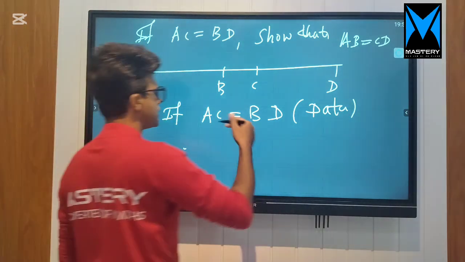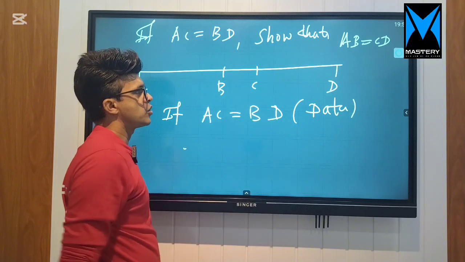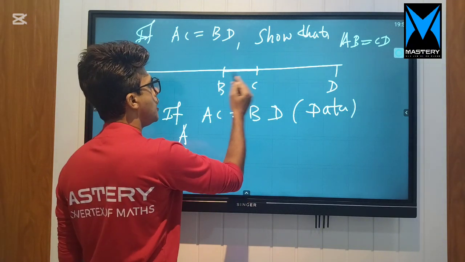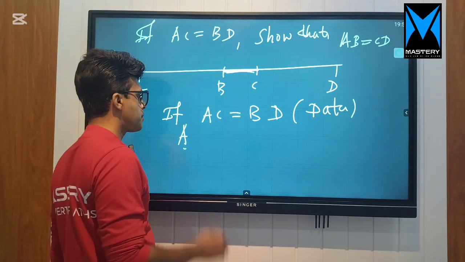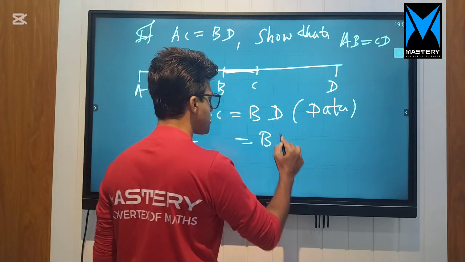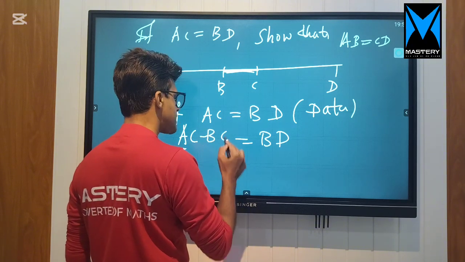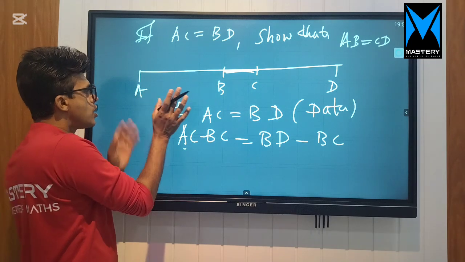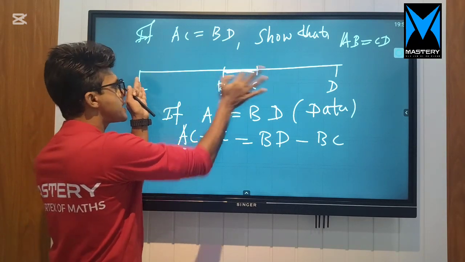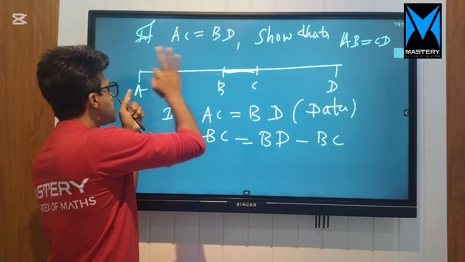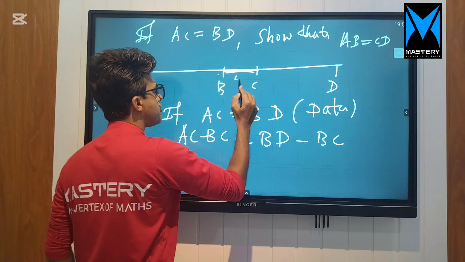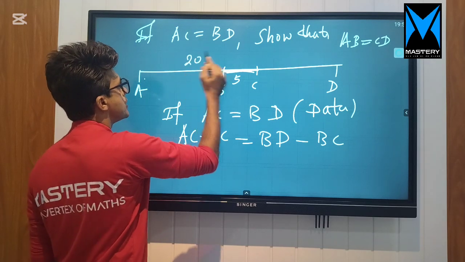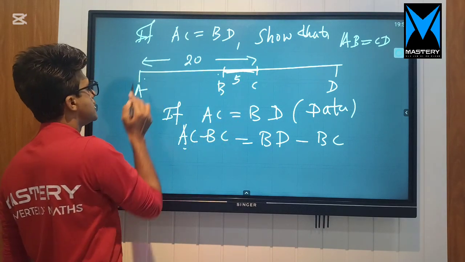How can you do this? This is a way of getting the answer. We are going to show that AB equals CD. We could subtract the same length BC from both sides. Why do we subtract BC from both sides? Let me write BC as 5, and AC as 20 cm.